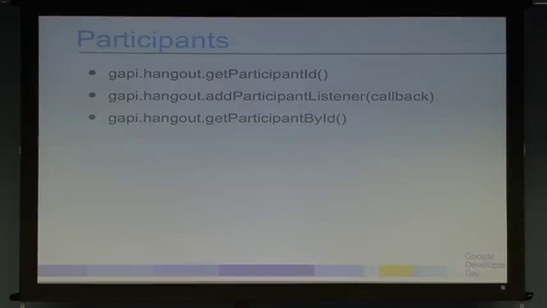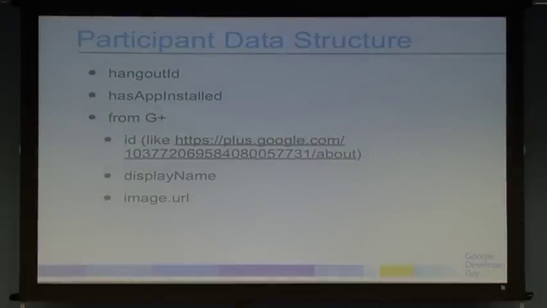Then I demoed the add participant listener, so that registers, okay, tell me whenever somebody joins, and give me some information, and then get participant by ID. So once you have that ID, you can get some more information from them. When you register that callback listener, or use the synchronous call, we pass in a JavaScript object that has some useful information.